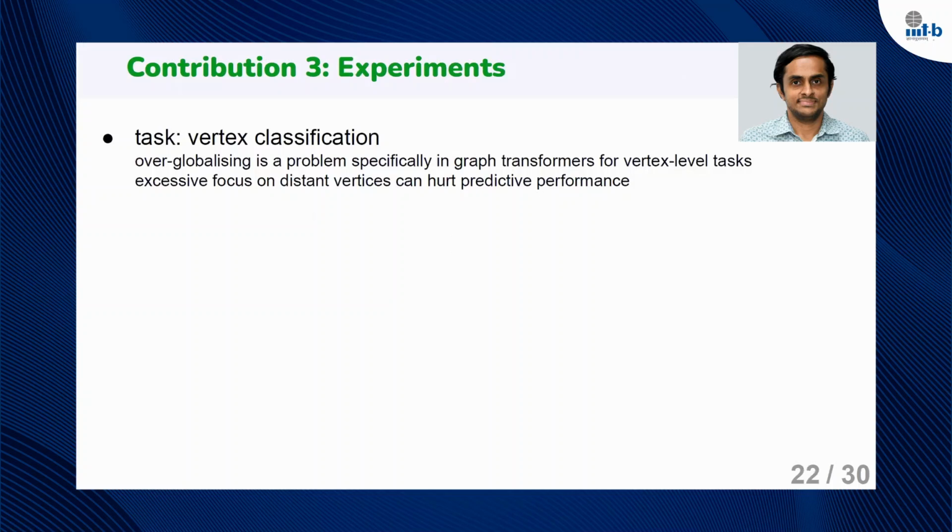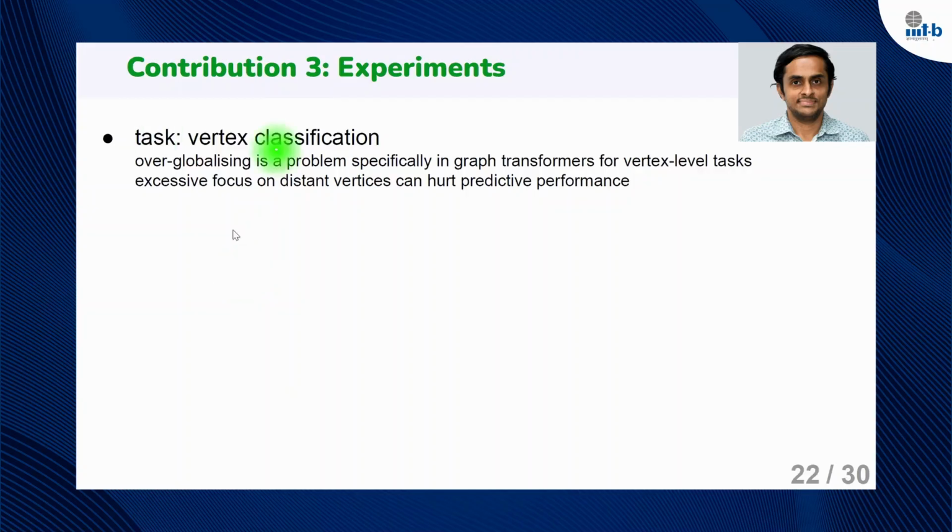Let's look at the third contribution. This is summarizing all the experiments in the paper. We looked at the task of vertex classification. We want to classify each vertex in a graph into one of several labels. That's the problem.